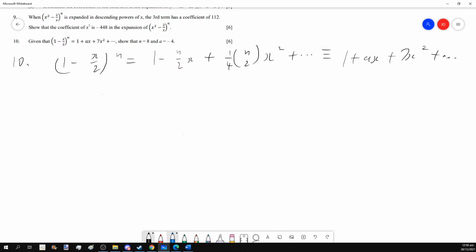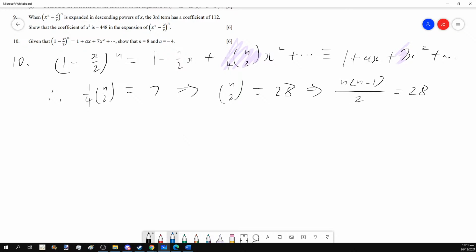So from here, this will be a polynomial identity with 1 plus ax plus 7x squared plus dot dot dot. So once we are at this stage, it is easy for us to compare the coefficient of x squared and say that 1 over 4 n choose 2 equals 7. This implies n choose 2 equals 28. And just like the previous problems, we will be able to change the combinatoric into this result.